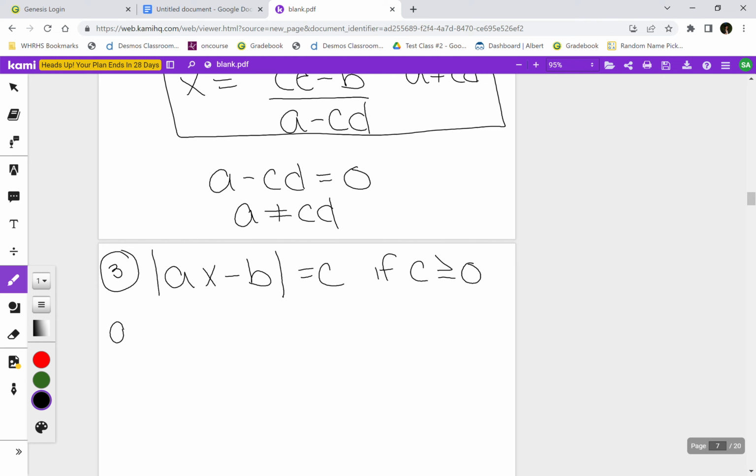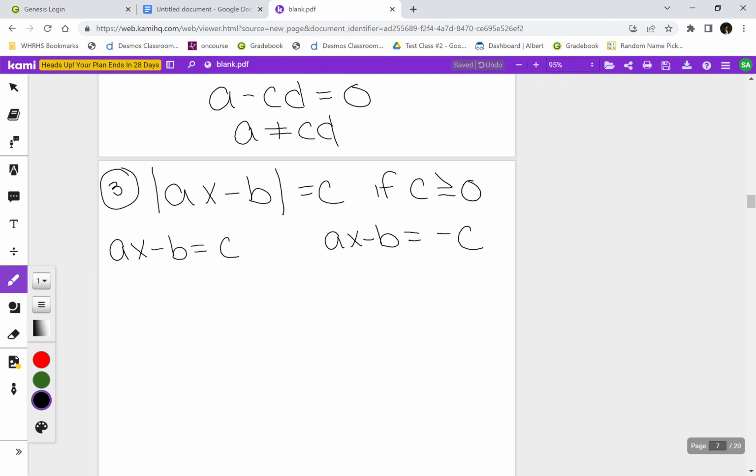So we're going to have ax minus b equals c, and I'll also have ax minus b equals negative c. Exactly. And what are we solving for? In all these problems, we're solving for x, so I need to isolate the x. So I'm going to first add the b over, so ax equals c plus b, and then I will divide by a. So the first one is x equals c plus b over a.